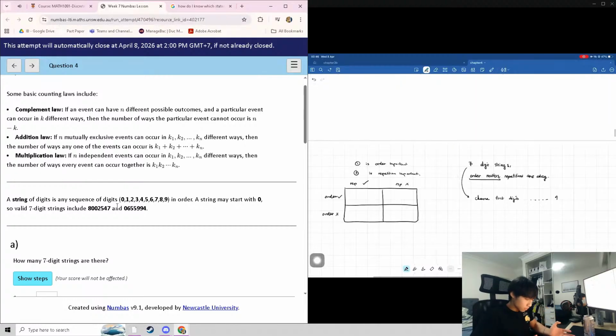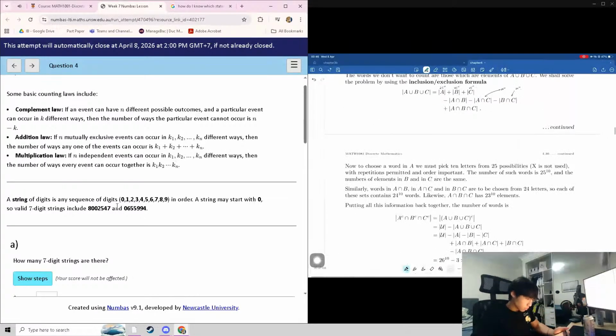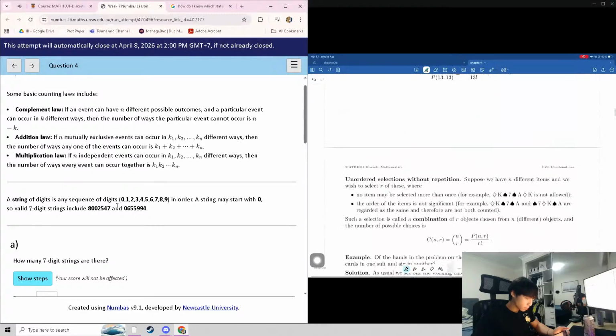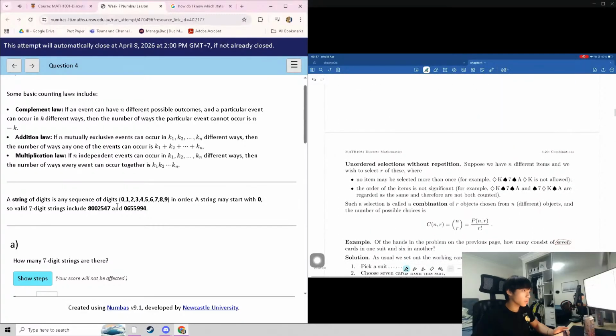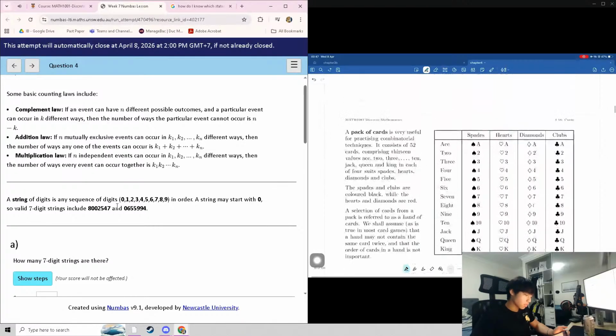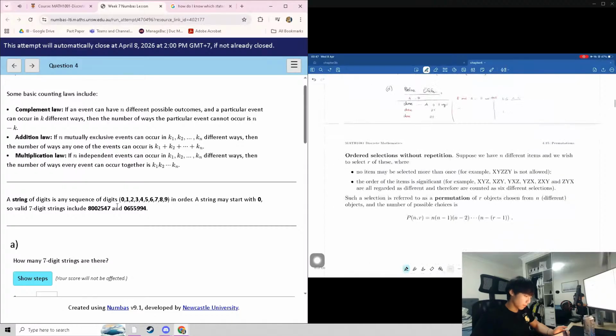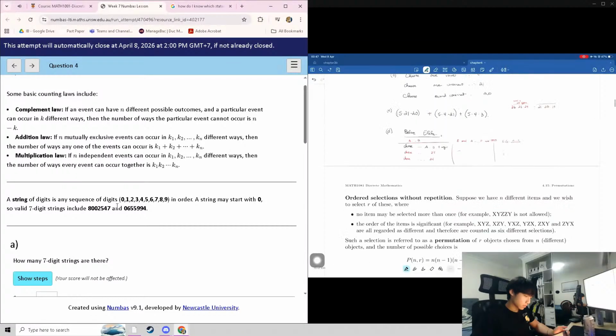Let's just read on it. Unordered selections without repetition. So that's not what we want.